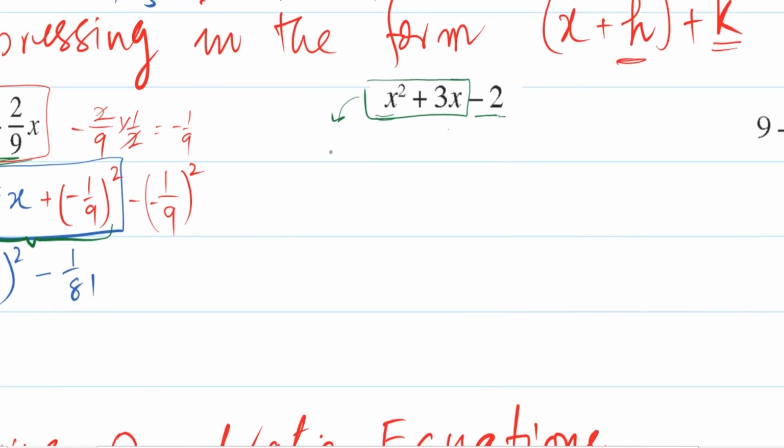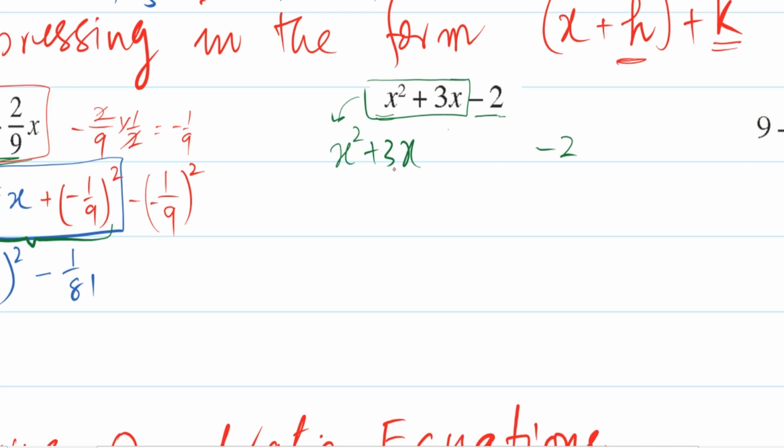This is x square plus 3x, minus 2 will remain as it is. The first two terms, to convert these two terms into a perfect square, we will add and subtract the square of half of the coefficient of x.